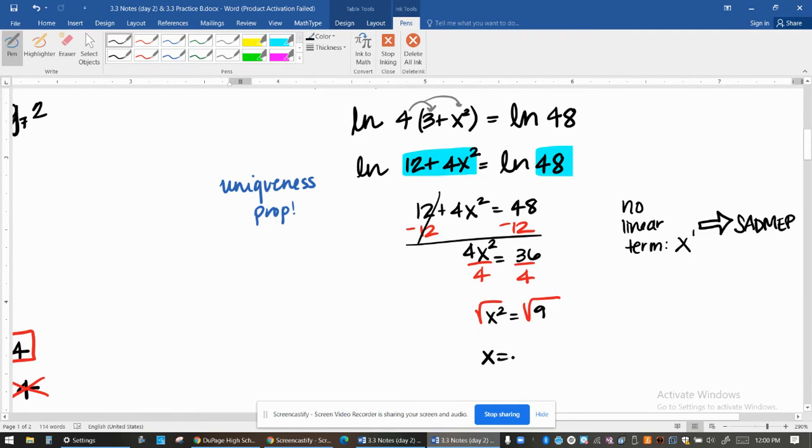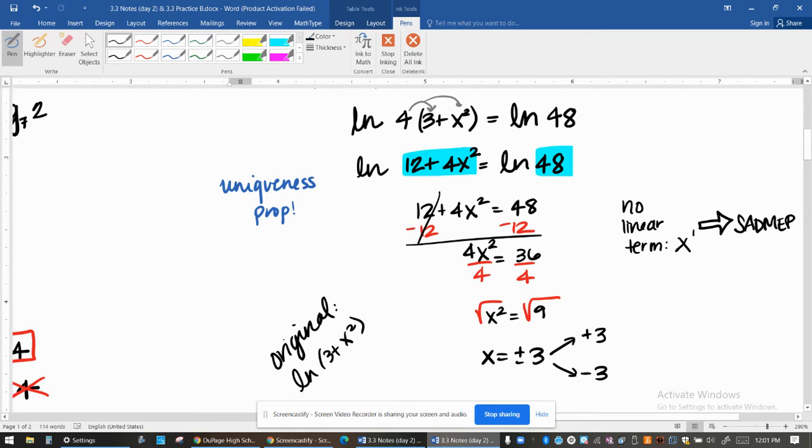So I've got two solutions here, plus or minus 3. I need to make sure that both of them work, and if they don't, cross out the one that is extraneous. Now remember, in the original problem, one of the arguments had an x squared, right? It was the natural log of 3 plus x squared. So I'm going to look in the original equation, right? I had ln of 3 plus x squared.